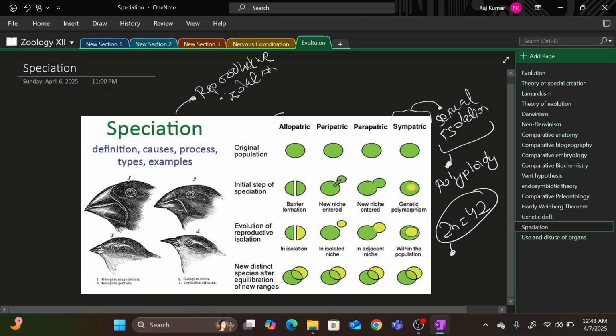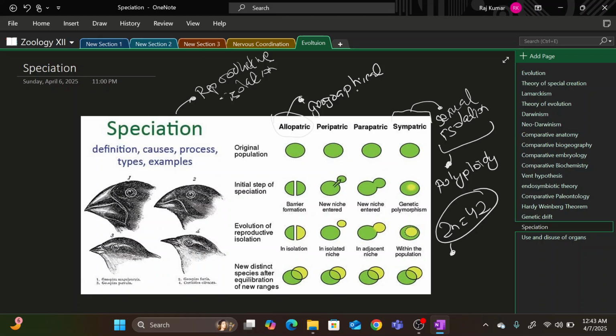Now the second one is allopatric. Allopatric is the type of speciation in which there is geographical isolation. How does geographical isolation happen? A barrier is formed between populations, and then one of the populations, being isolated geographically, reproduces only in that particular region, and due to reproduction in a certain region, they develop into new species.